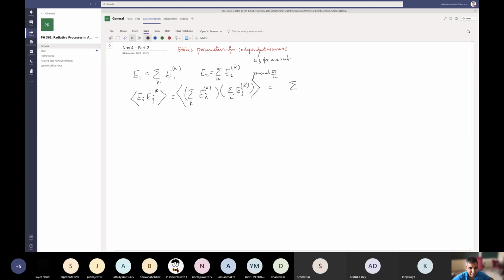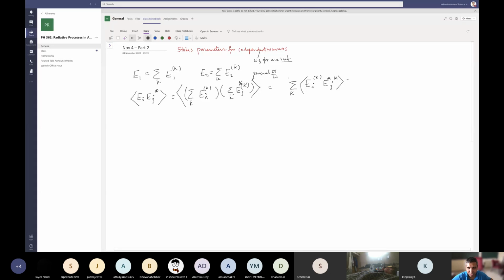If k and k prime have random phases, since they are independent of each other, there will be no cross terms. It's sort of like that random walk: if two things are uncorrelated with each other, their averaging will give you 0. So what you have is E_ik E_jk star, and now this k is over all these independent waves.